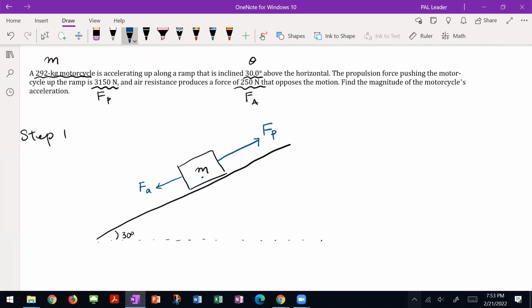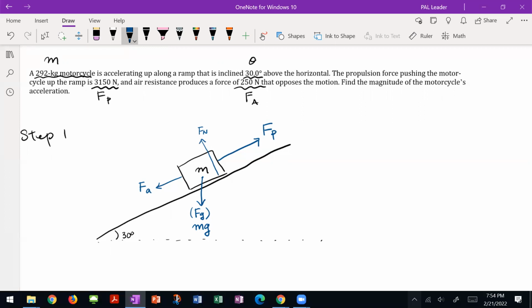We obviously have gravitational force, Fg, which is mass times gravity, and then we also have the normal force. I don't know how relevant all of these forces are, but it's important to write them all.